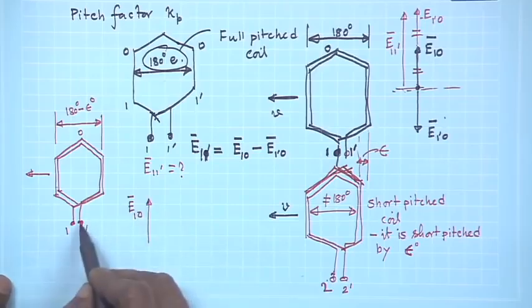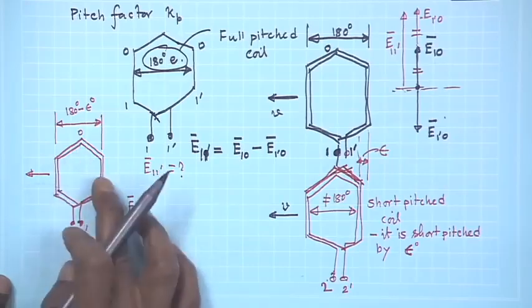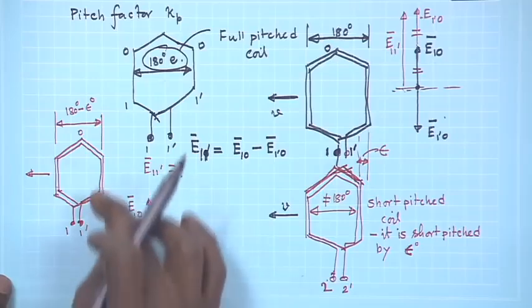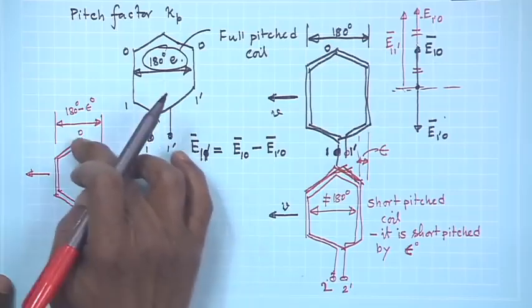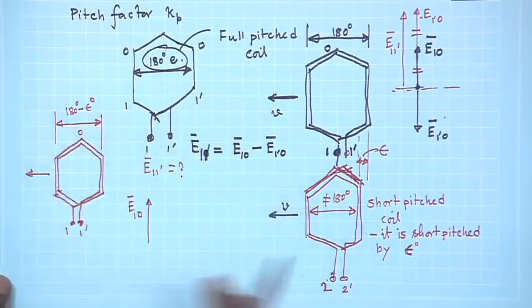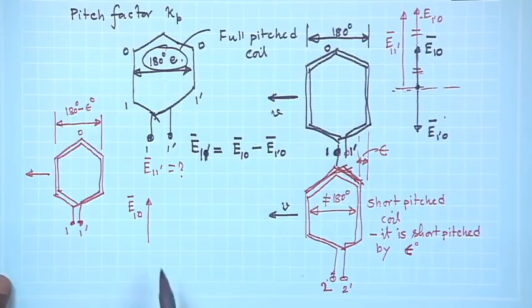Now, the question is where is E 1 dash 0? The same thing is going to happen to this conductor 1 dash after 180 minus epsilon, not after 180 degree as in this case.